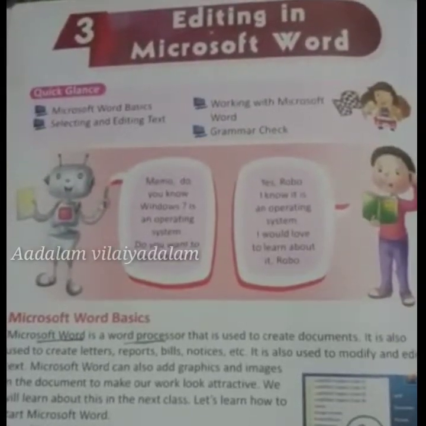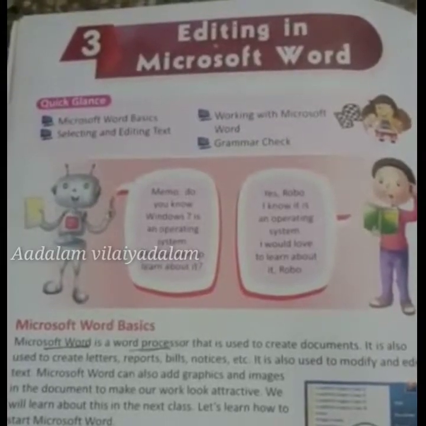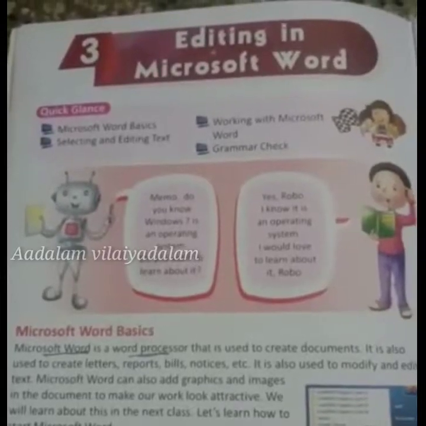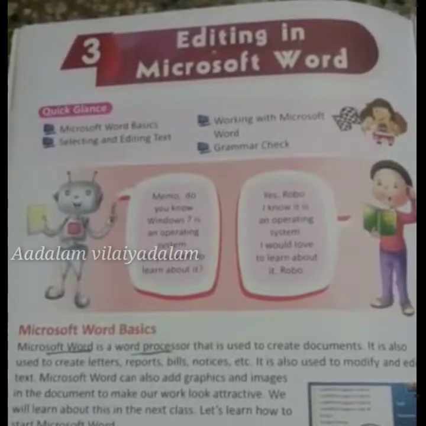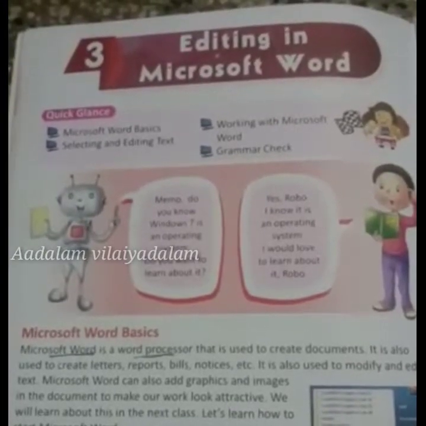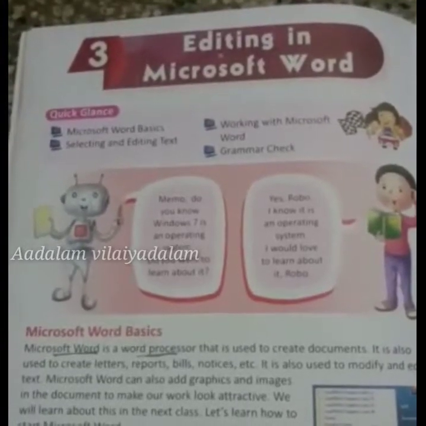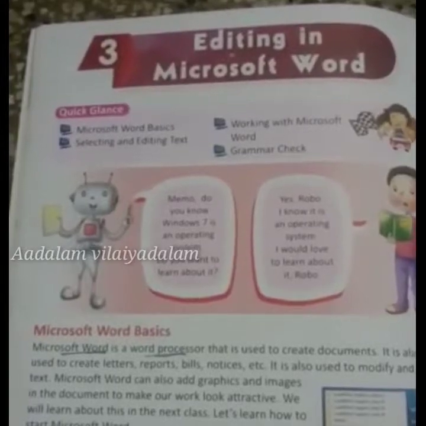The list of programs available in the computer will be displayed. From that option, select Microsoft Office, and then from Microsoft Office you can select Microsoft Word 2010. 2010 is the version of the Word. Okay. From this menu we can open Microsoft Word.